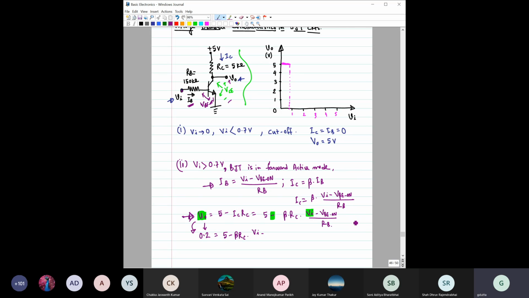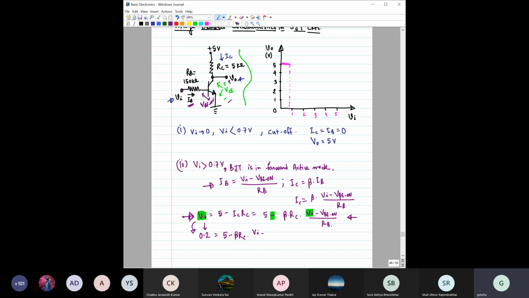In this equation we derived considering that the transistor is in the forward active mode. Then how in this output voltage can we write V output as 0.2, because when we write V output is 0.2, we are considering that the transistor is in the saturation region.